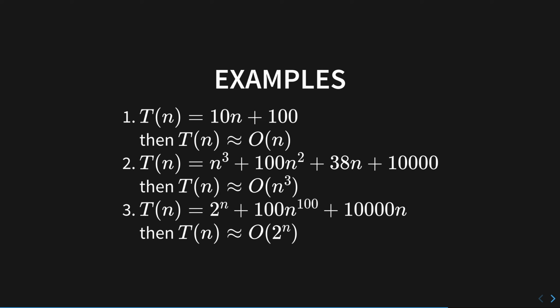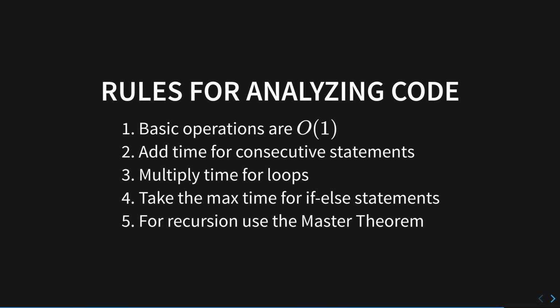Again, we're just looking for the dominant term here, maybe a generalization of that polynomial rule. We'll take 2 to the n, since that dominates the whole equation. So it's exponential in time.